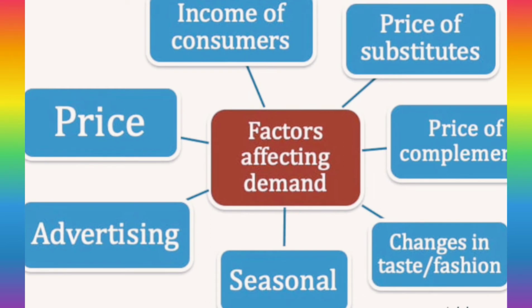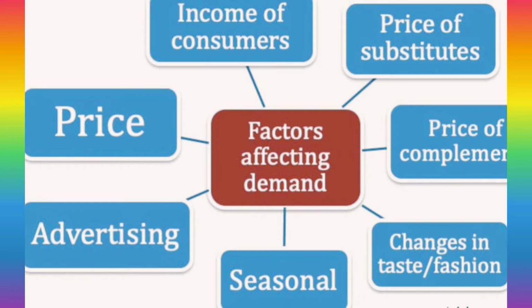Now let's discuss what are the factors affecting demand. Of all the factors affecting demand, price is the most important factor. Other things being equal, demand for a commodity increases when its price falls and decreases when price rises.